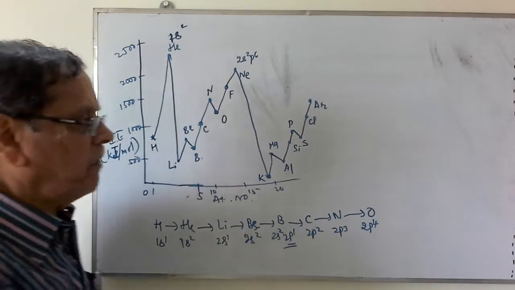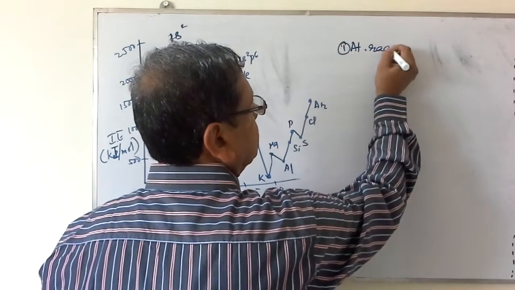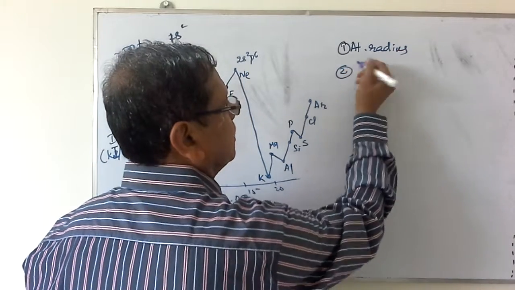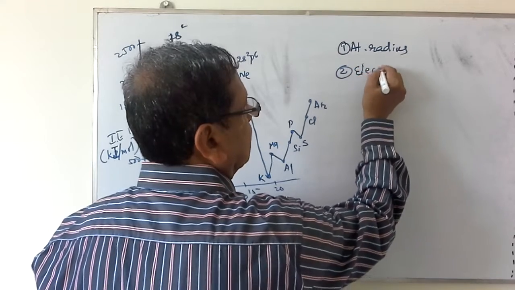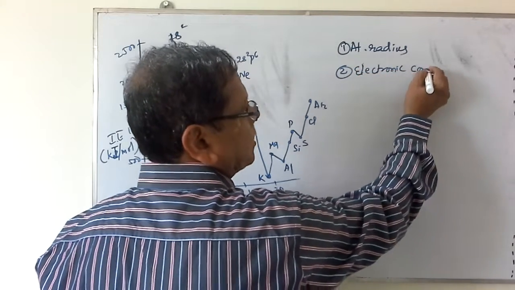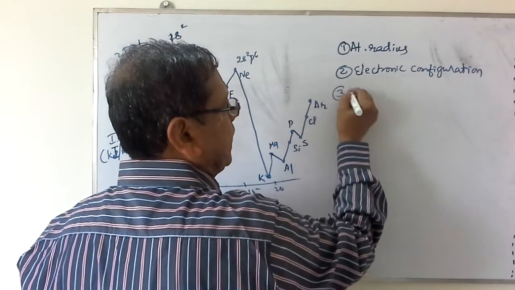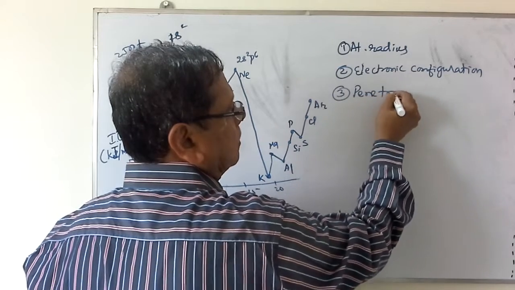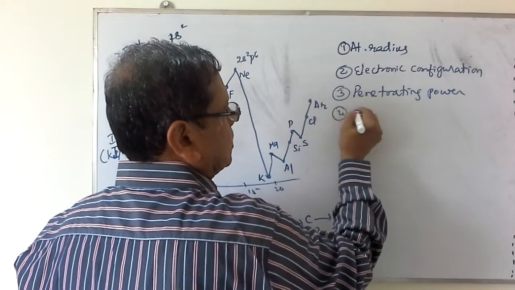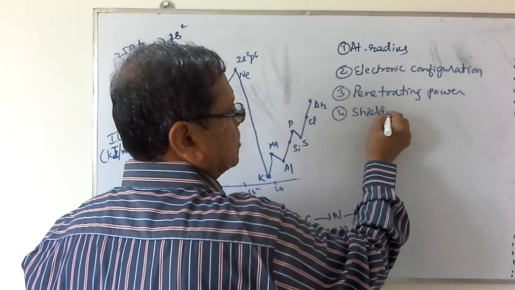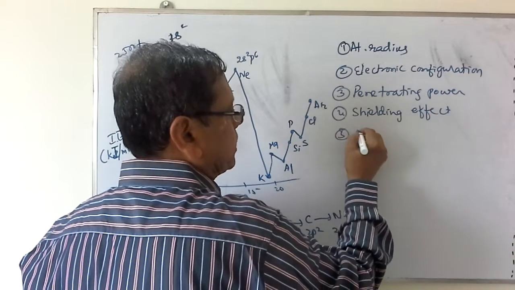So keeping all these five facts: one is atomic radius, then second one is the electronic configuration, the third one penetrating power, the fourth one shielding or screening effect, then last one nuclear charge.